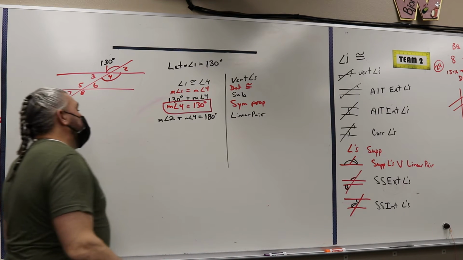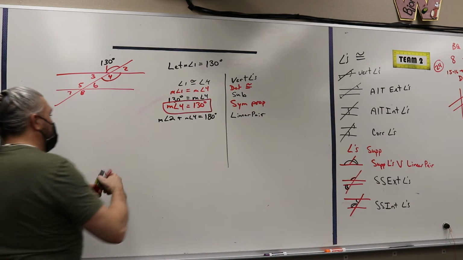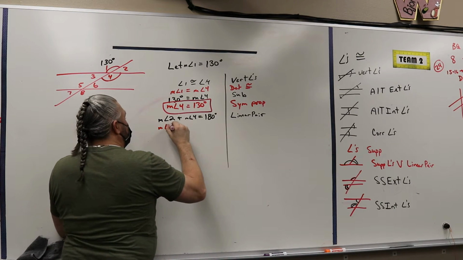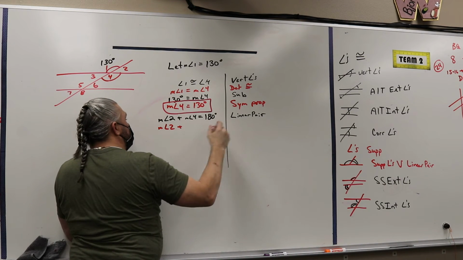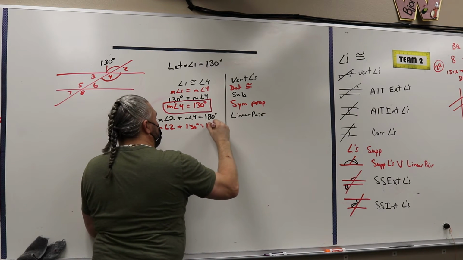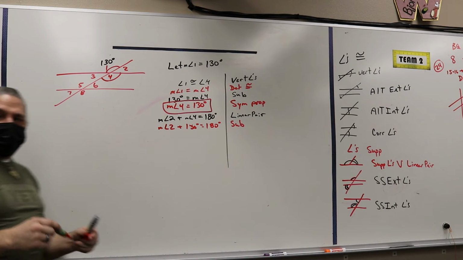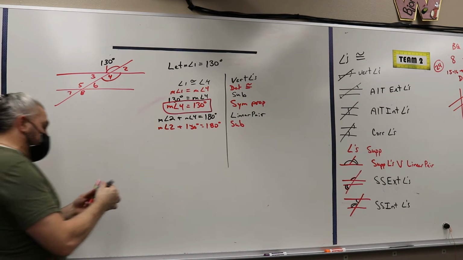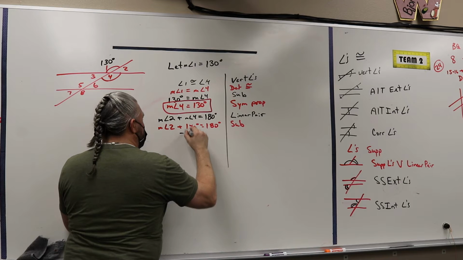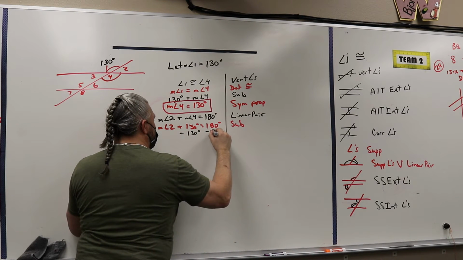Okay? So, now I can substitute in the measure of angle 2 plus how much? 130 degrees equals 180. Substitution, right? Okay. Subtract 130 degrees from both sides.